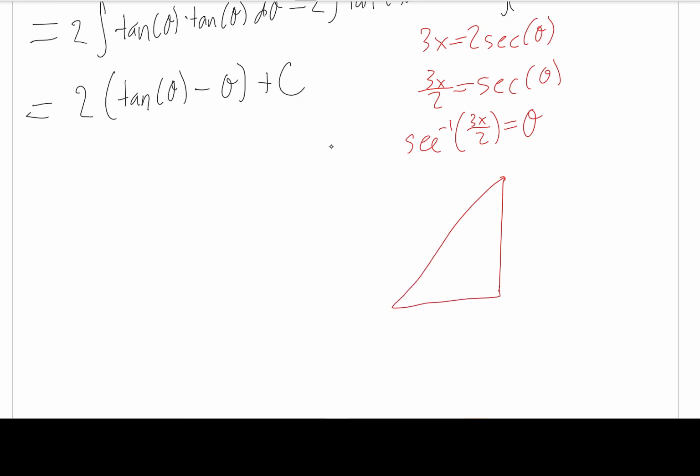So secant, that's 1 over cosine. Cosine is adjacent over hypotenuse. So secant should be hypotenuse over adjacent. So hypotenuse over adjacent is going to be 3x over 2. So then this has to be the square root of 9x squared minus 4.